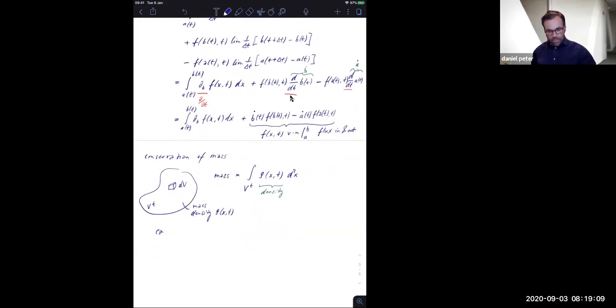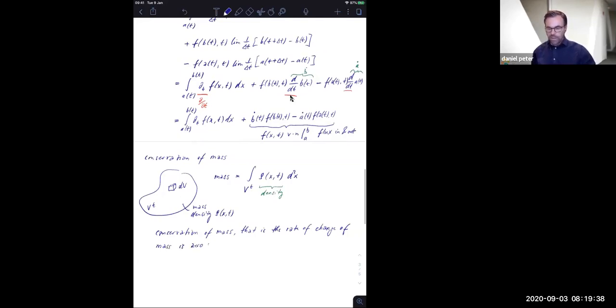So conservation of mass: the rate of change of mass in this conservation law is 0.